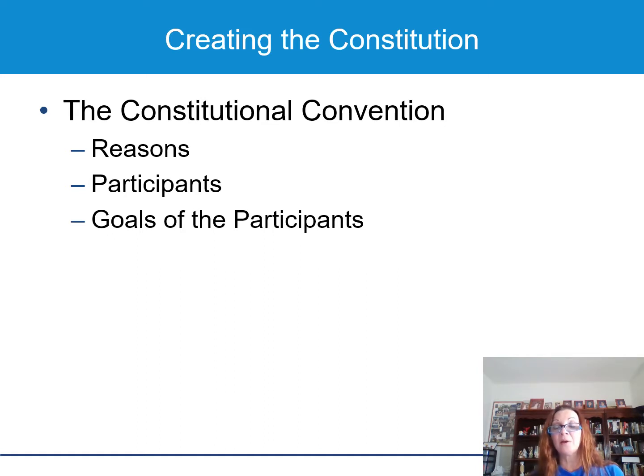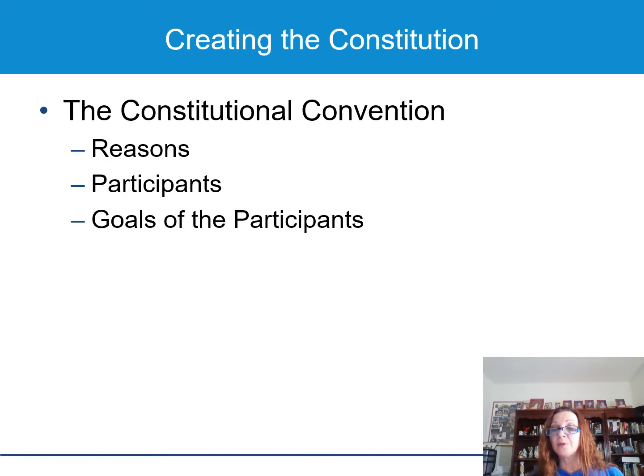And when we look at our Constitution, we know that it has evolved over time. Our Constitution is one of the oldest written constitutions in the world, even though we're one of the youngest countries. And it has been able to endure, and we haven't had to scrap the whole thing and start all over because of the way the founding fathers wrote the Constitution.